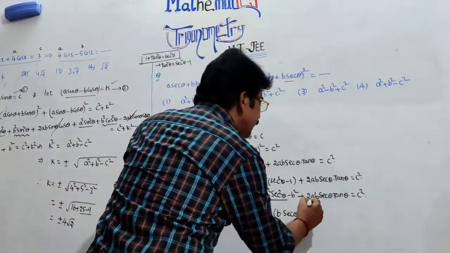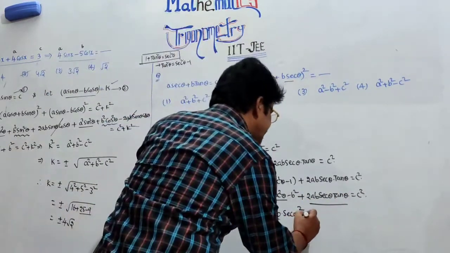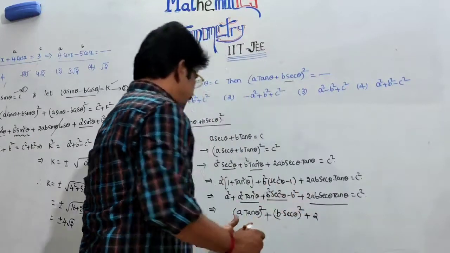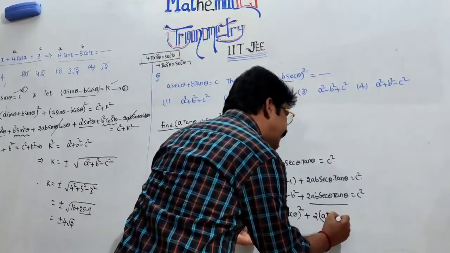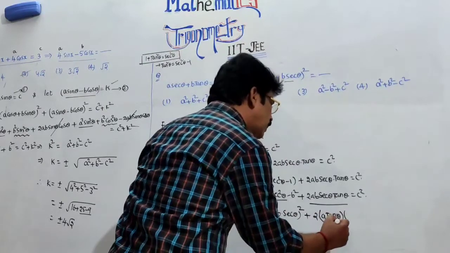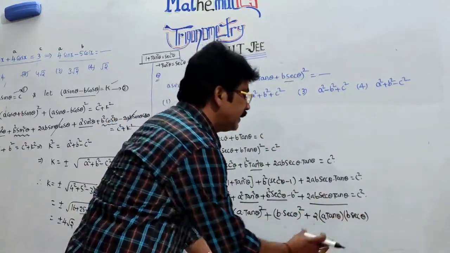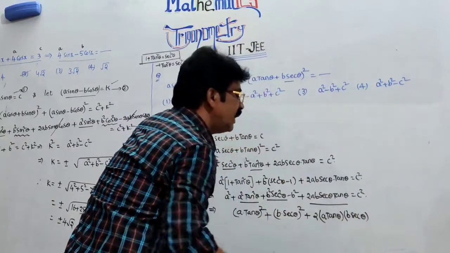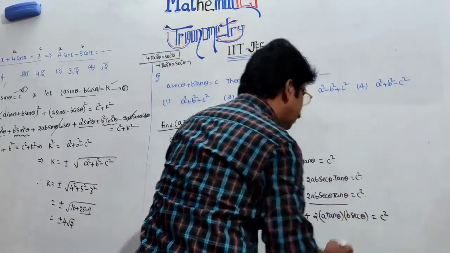Okay, later this 2AB secant theta into tan theta can be expressed as 2 into A tan theta into B secant theta, so that the multiplication is the same as 2AB secant theta tan theta, that is equal to C square.